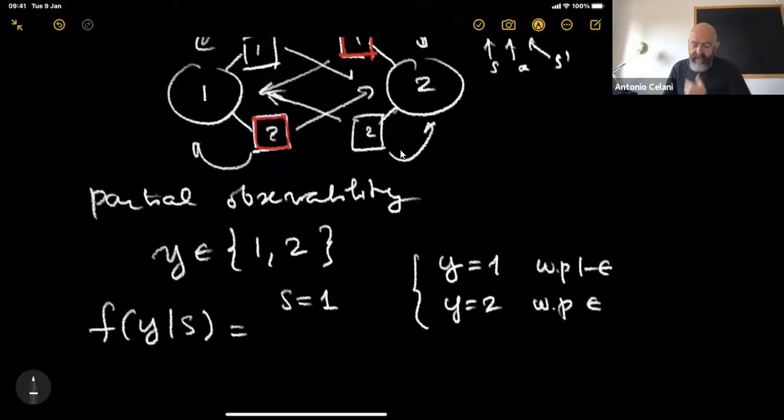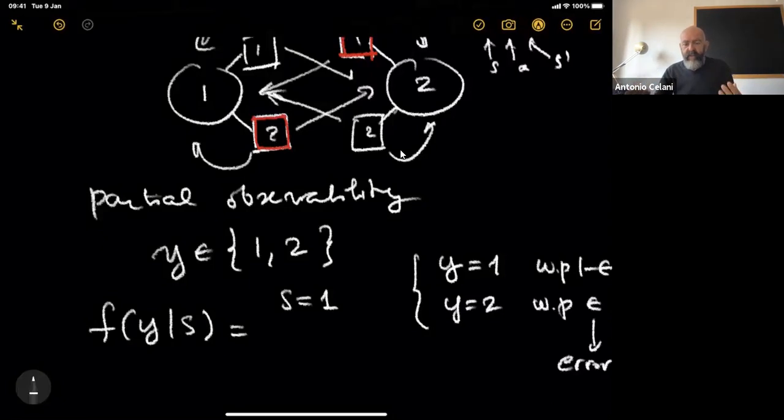So what does that mean? It means that if my system is in state 1, I use some device to measure in which state I am, and this device tells me with probability 1 minus epsilon that I am in 1, which is correct. But with some probability epsilon, it makes some error of measurement and incorrectly tells me, okay, you're in state 2.